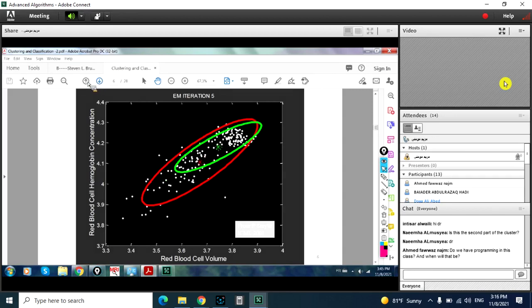And now you see that the difference between 25 and 15 is less than, for example, between iteration 10 and 15, which is a big difference. But between 15 and 25, they are similar to each other. Then this is the iteration algorithm, okay?